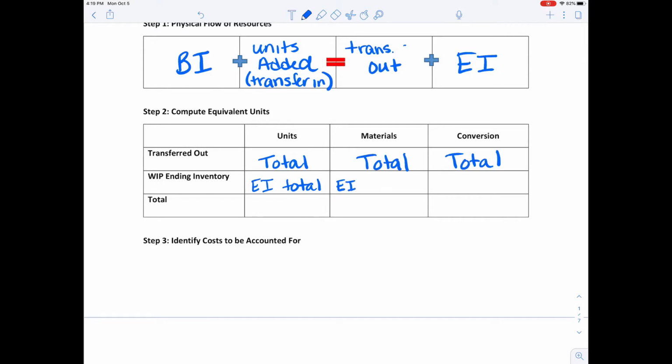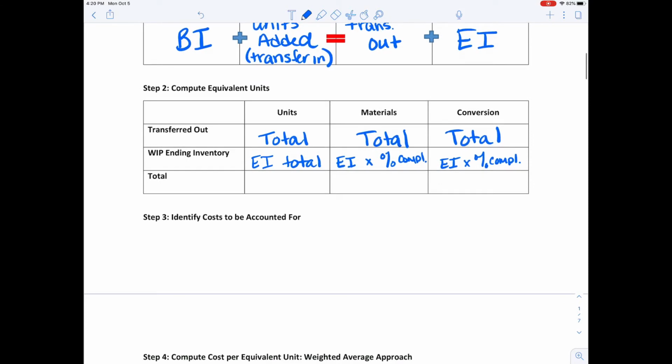So we're going to take our ending inventory and multiply that by my percent complete. And then the same thing here for conversion. But because these are done at different times, my percent complete for materials might be different than my percent complete for conversion.